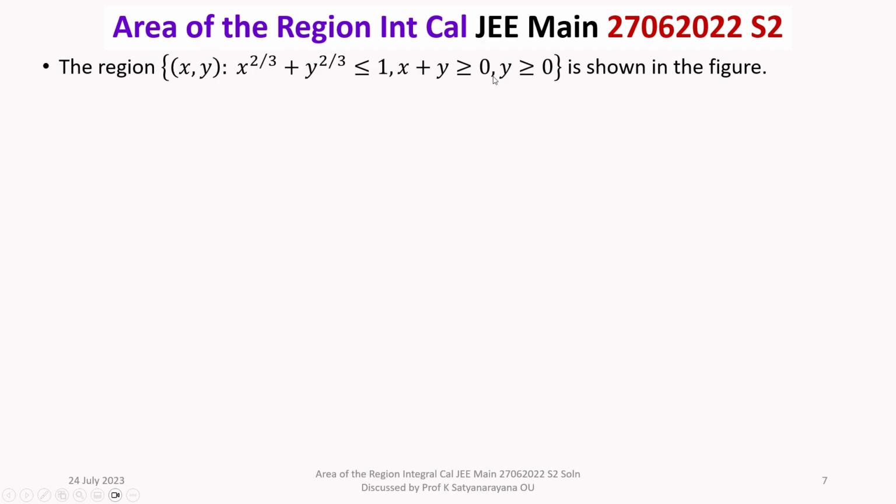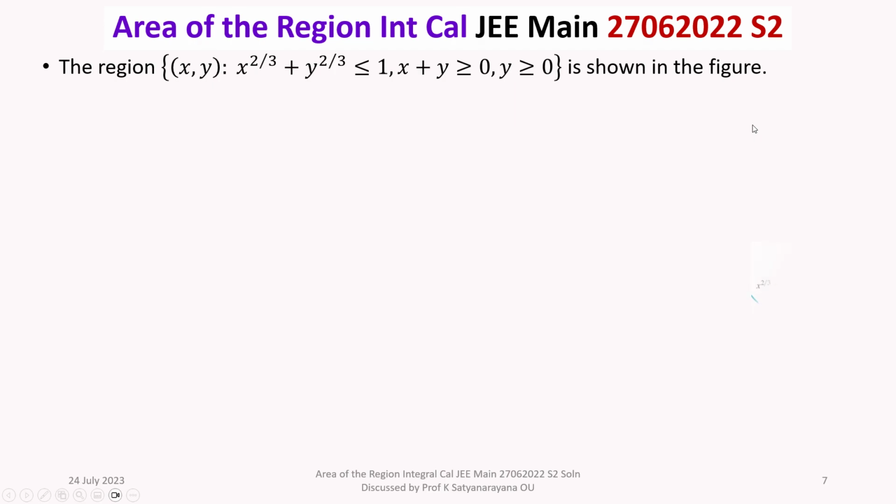Not only that, and y greater than or equal to 0. That means all points that lie on the x-axis and above the x-axis, and the intersection of all these three is the region, and it is shown in the figure.